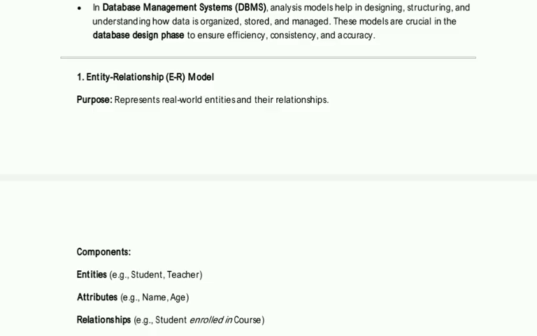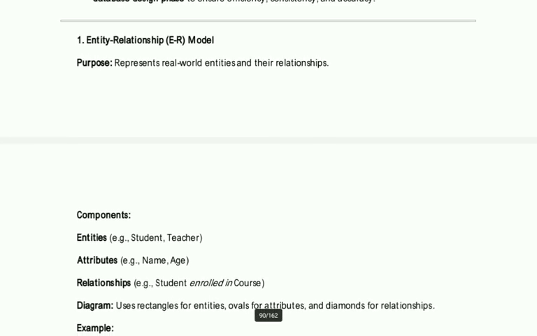So let me explain more about the 39th question, analysis models in DBMS. Analysis models help in designing, structuring and understanding how data is organized, stored and managed.